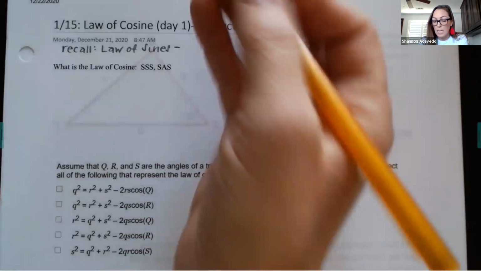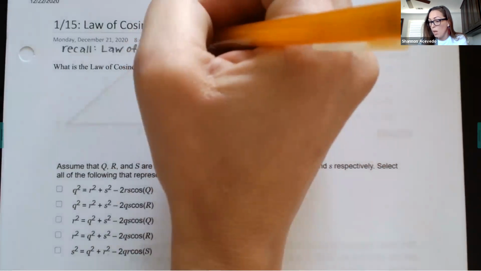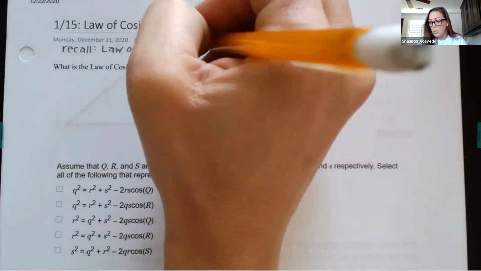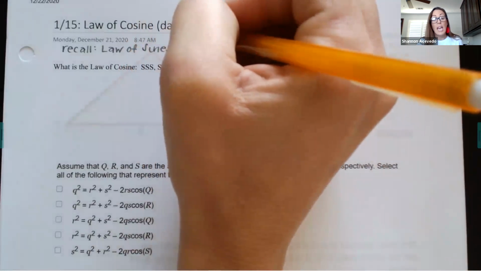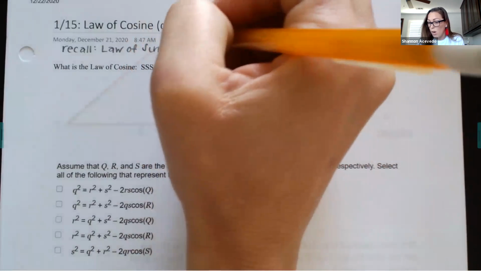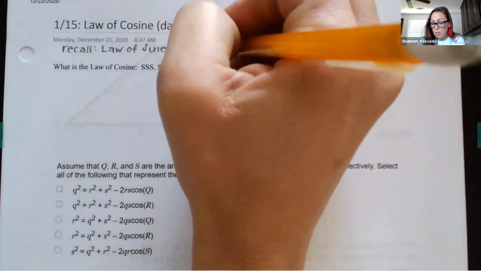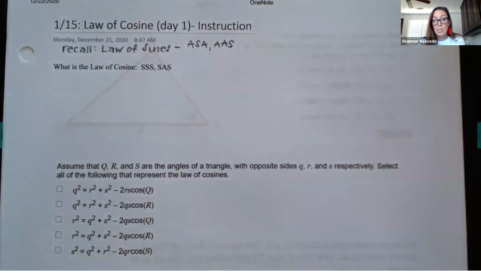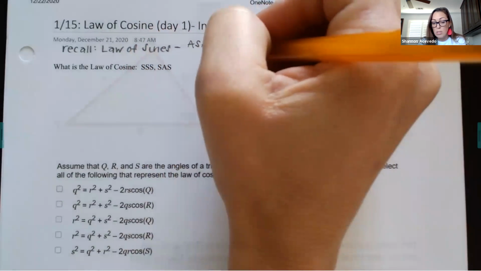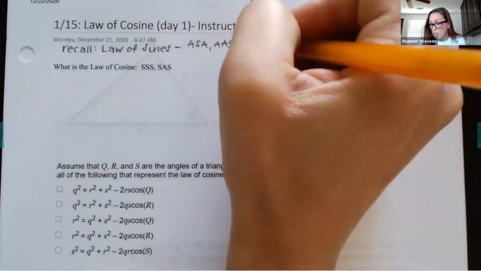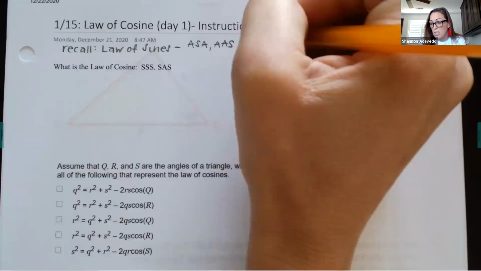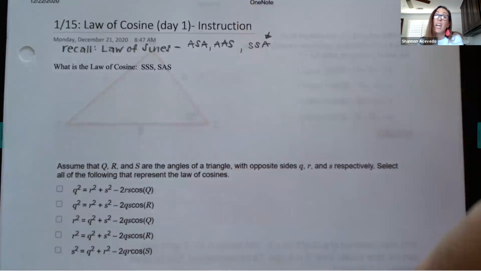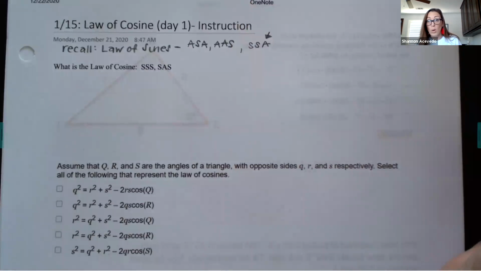So remember, we used law of sines for our side angle triangles, and we also used it for our angle side triangles, and we used it for our SSA triangles. Now remember, this one was the one that was a pain, the SSA, because it could have 0, 1, or 2 triangles.